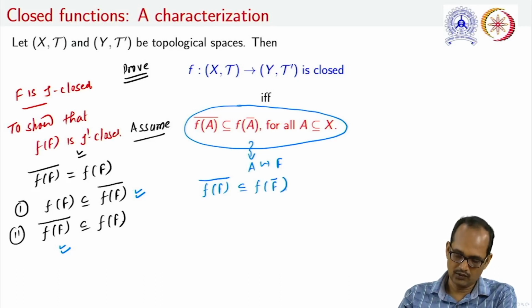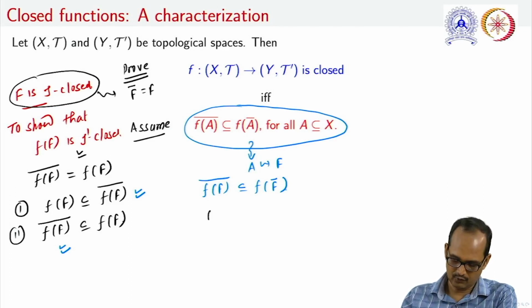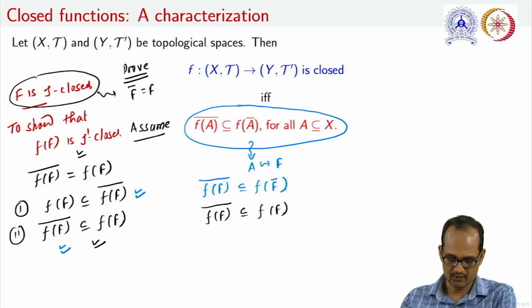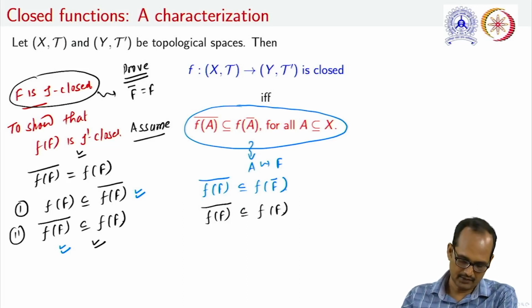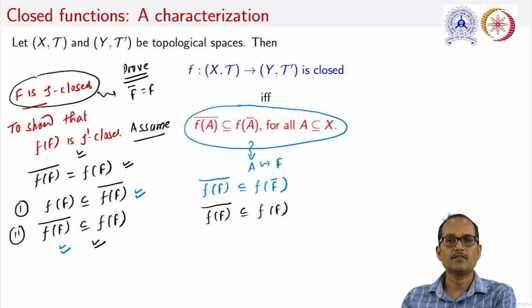But note that we have already assumed that F is tau closed, and because of it, closure of F is equal to F, and therefore we can write closure of f(F) is a subset of f of F. That's the justification of this statement, and therefore closure of f(F) is equal to f of F, and hence this function is a closed function.